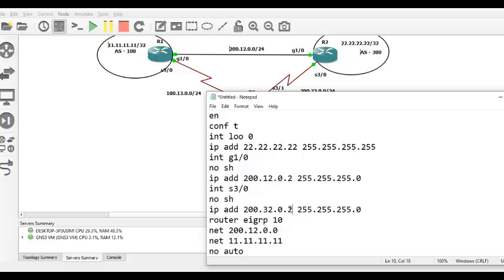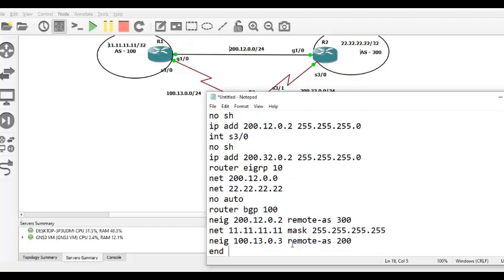And now next I'm going to run EIGRP 10 here also. 10.12 is correct, and then the network that I would like to advertise in EIGRP is 22. And the same network I'll also advertise in BGP, so 22 here also.